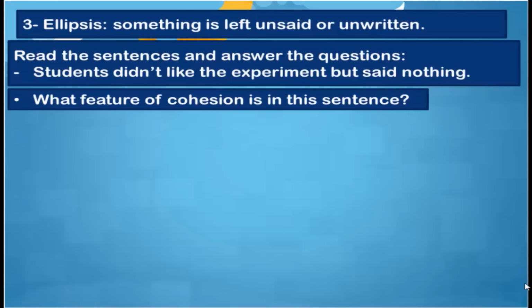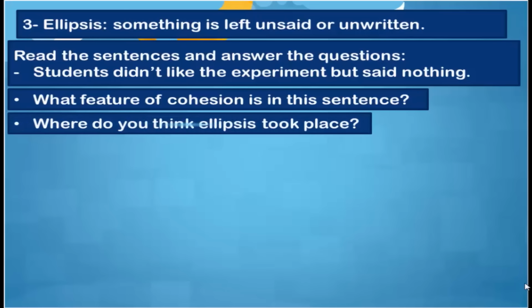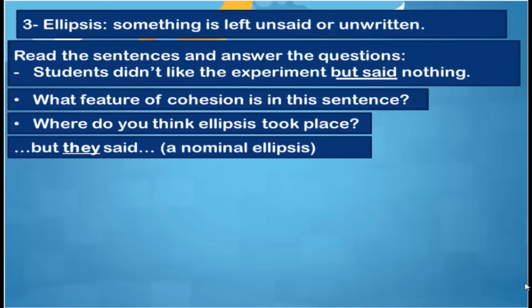Think of what said. Where is the subject of the verb said? Who said? Where do you think ellipsis took place? Yes, but they said. We omitted the word students or they because it's understood from the whole meaning of the sentence. The same subject, no difference in subject.